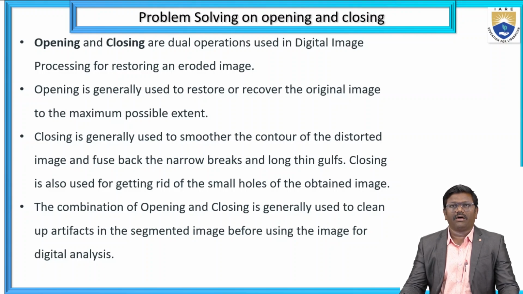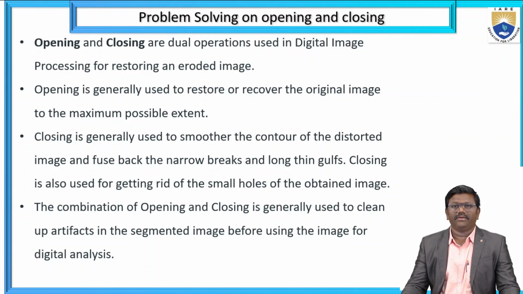Opening and closing are dual operations used in digital image processing for restoring an eroded image. Opening is generally used to restore or recover the original image to the maximum possible extent.